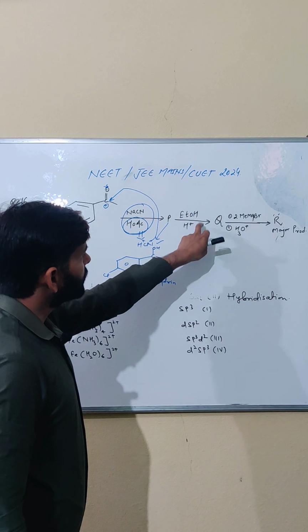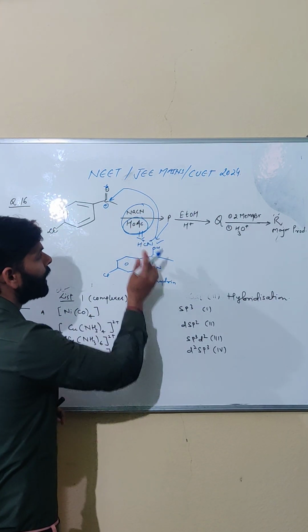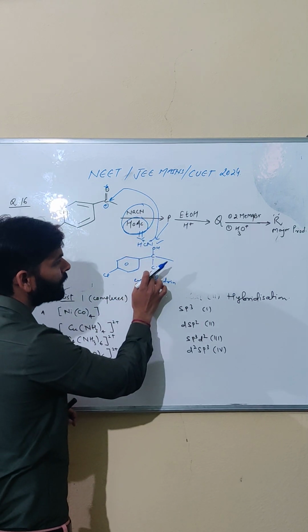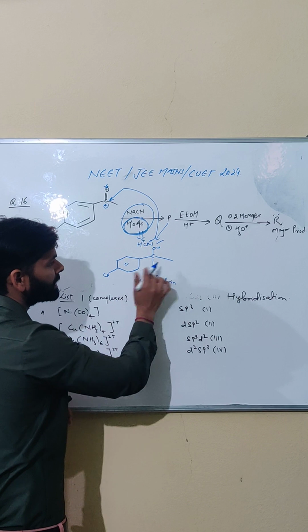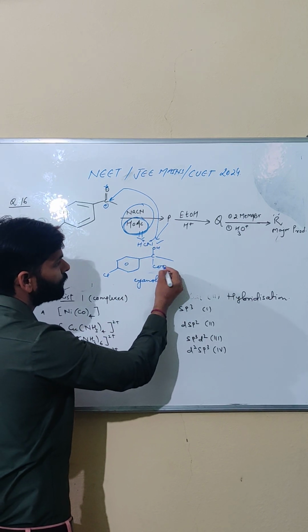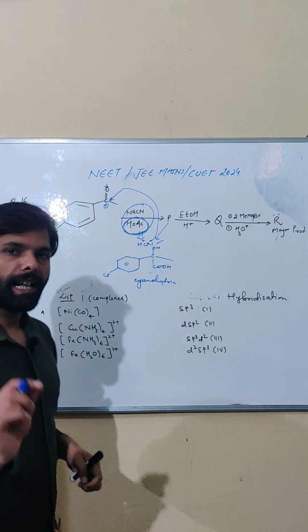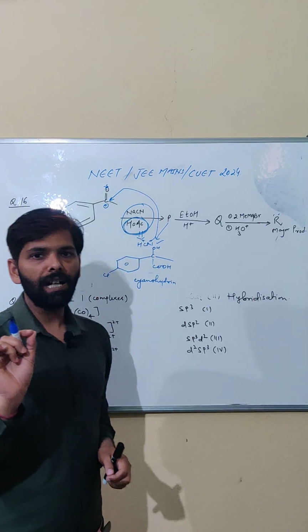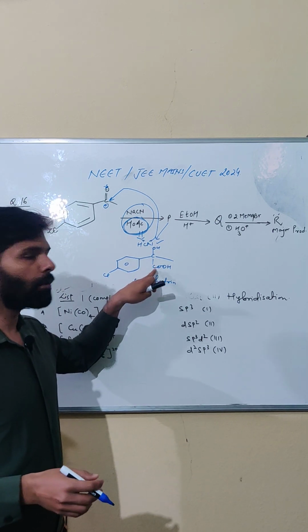In this step, one more thing. This cyanohydrin or cyanide will get hydrolyzed with acetic acid, and at CN we will get COOH. So finally cyanide, we know that cyanide on hydrolysis first forms amide, and then on complete hydrolysis we will get carboxylic acid.